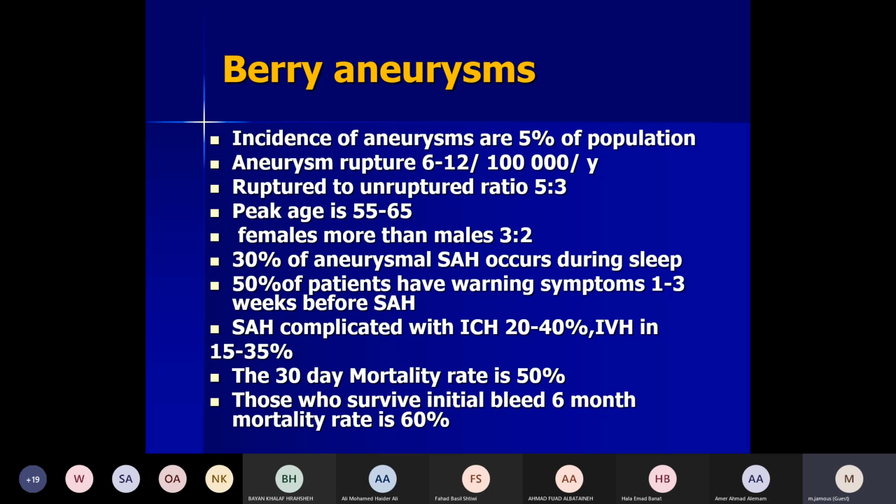And it's very important, when a patient has this kind of headache, to diagnose the aneurysm in the early stage of subarachnoid hemorrhage before the rupture of the aneurysm, because as we mentioned, when the aneurysm ruptures, the outcome is poor. About 15% will die immediately, 1/3 will die within 1 month, 1/3 will have poor outcome or severe disability, and 1/3 will have mild disability.